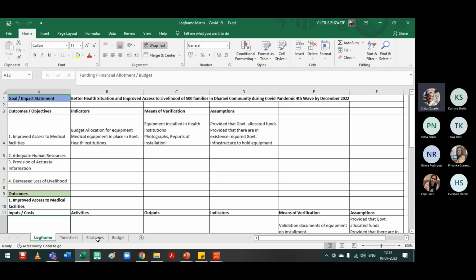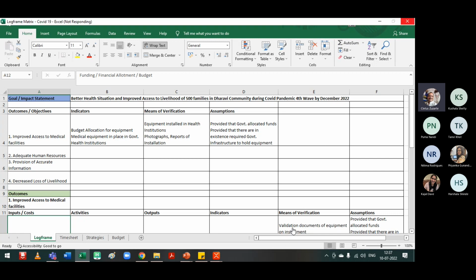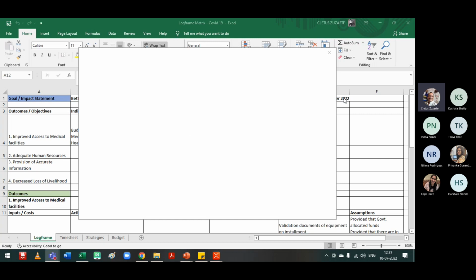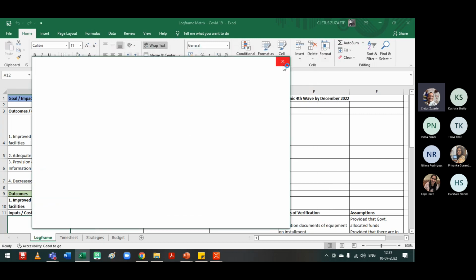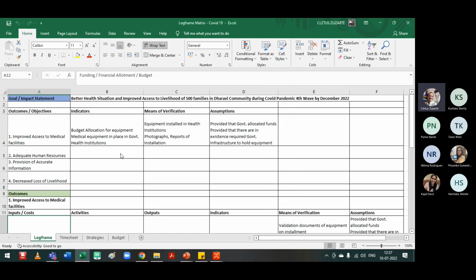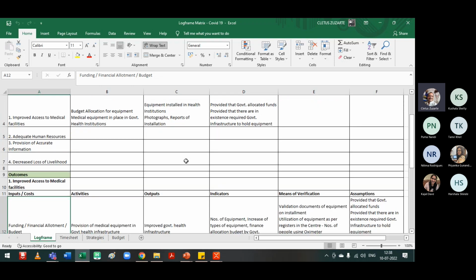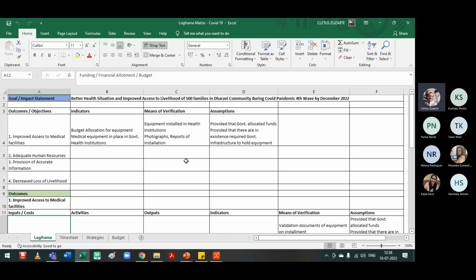We developed a timesheet, strategies, and budget. Okay, we go back to this log frame where we took the health situation and improved access to livelihood. If you remember, that was the problem tree that we worked on together as a group. Now here we need to look at these indicators, right? We picked up these indicators.